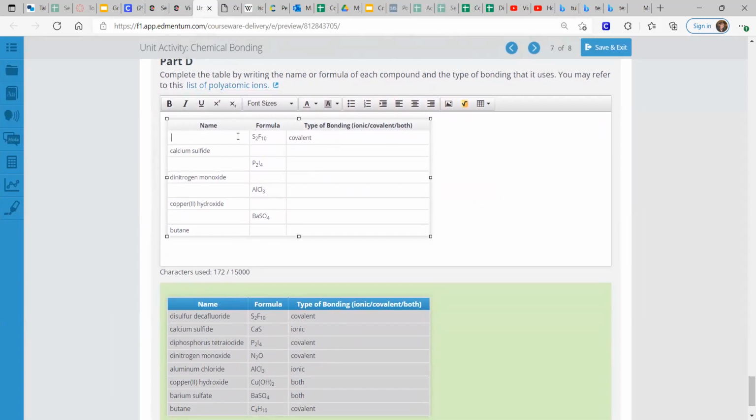So this one would be 2 sulfur atoms and 10 fluorine. So you would do disulfur decafluoride.